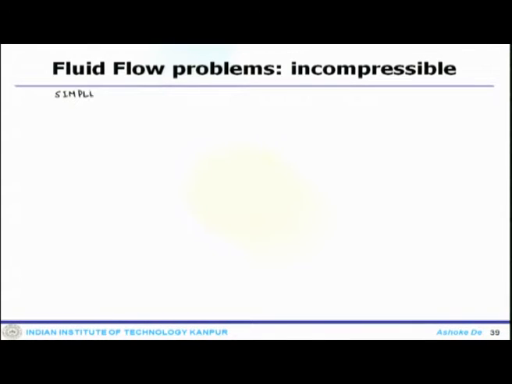So, let us look at the pseudo algorithm, how it works. This is an iterative procedure to get the solution. How do you do that? First, you start with some guess values for pressure and velocity, which will allow you to compute P n, U n, whatever you call it, because it is a one dimensional system.